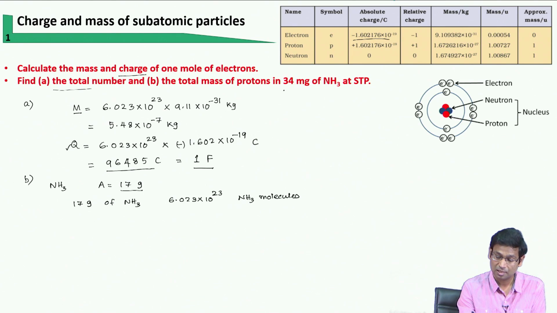Now it says we have 34 milligrams. So let us find out how many molecules of ammonia will be there in 34 milligrams of ammonia.